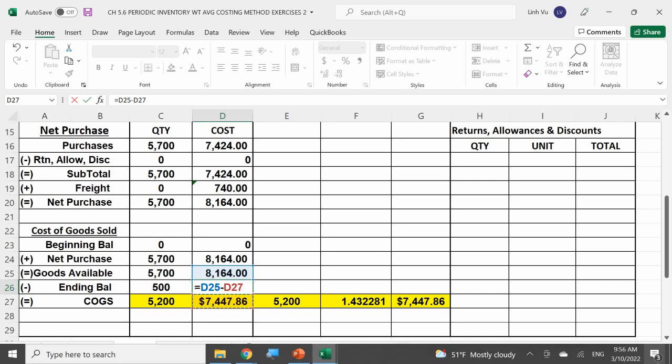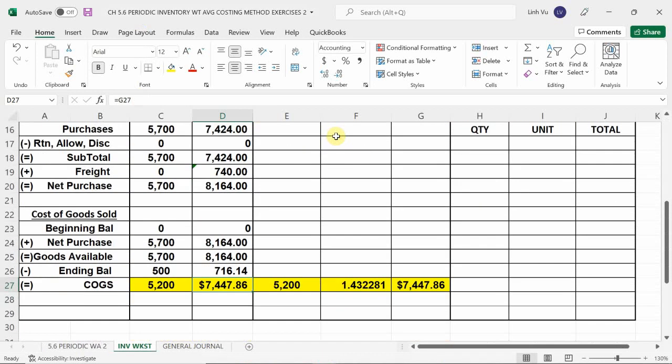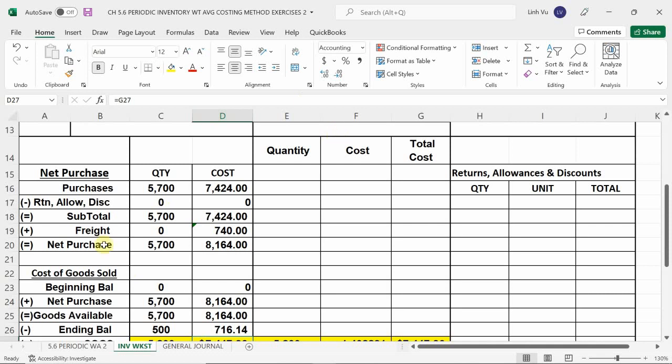What should be my total ending balance? $716.14. 716.14. Good. Okay. Now that we solved for this, let's go ahead and complete the next section, which is going to be the journal.